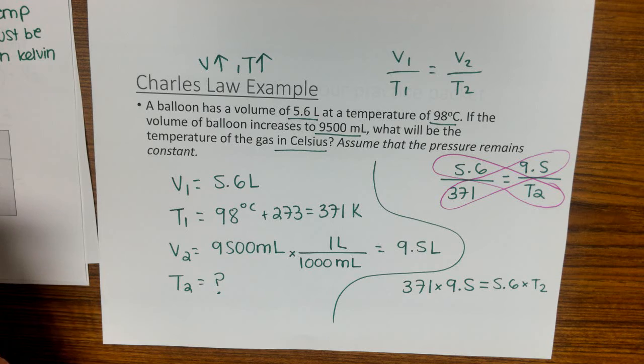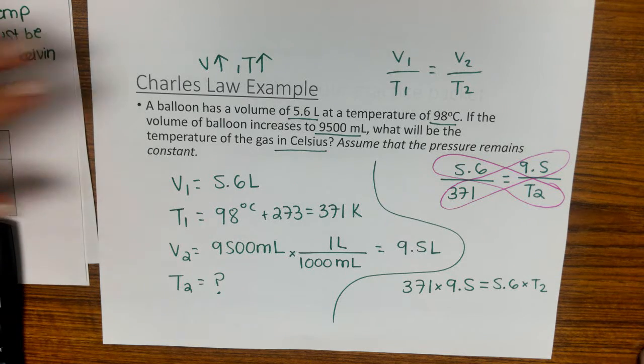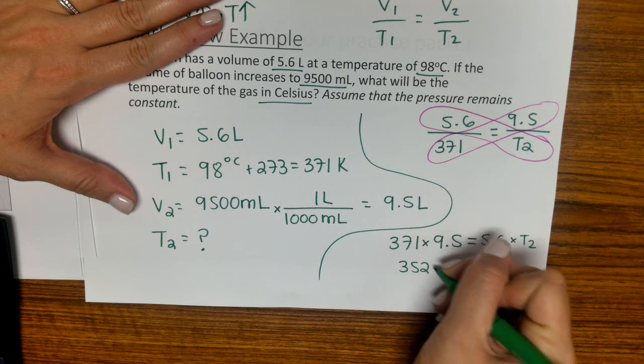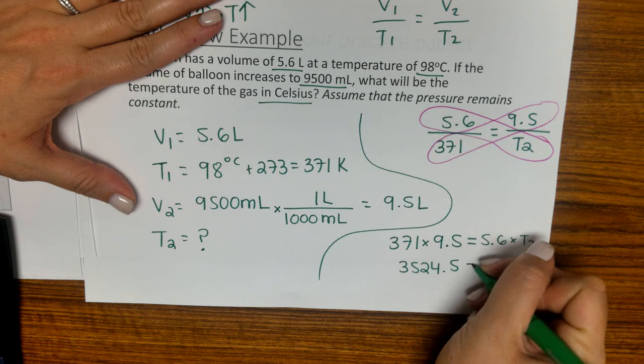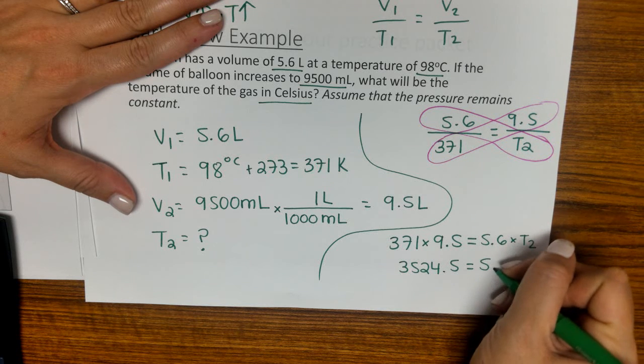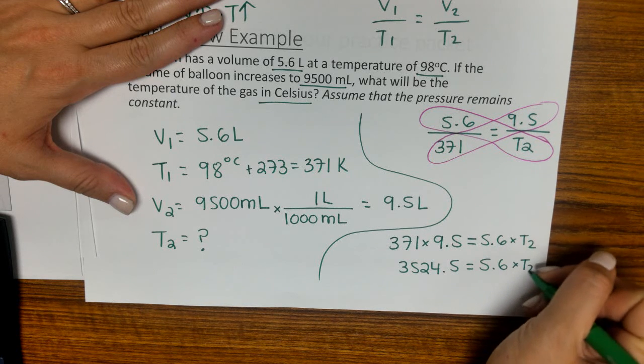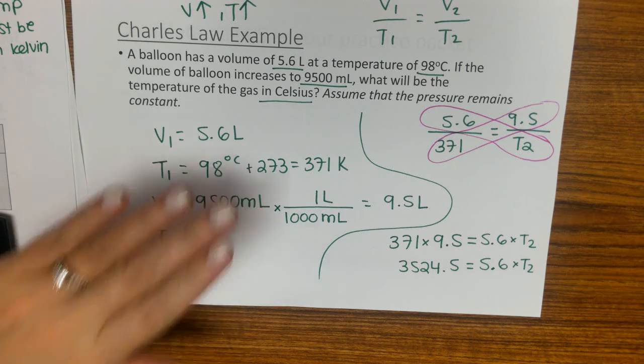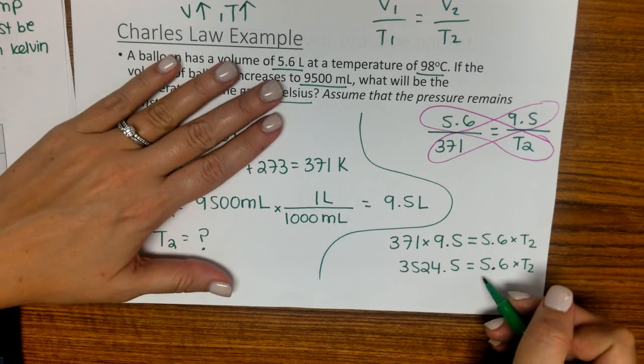First, let's take care of this side. 371 times 9.5 is a big number, 3524.5, and that equals 5.6 times T2. Now, we want to solve for T2 to be by itself. It's getting multiplied by 5.6.